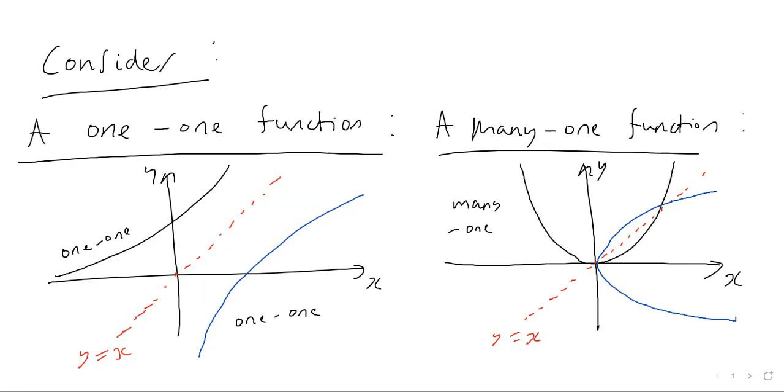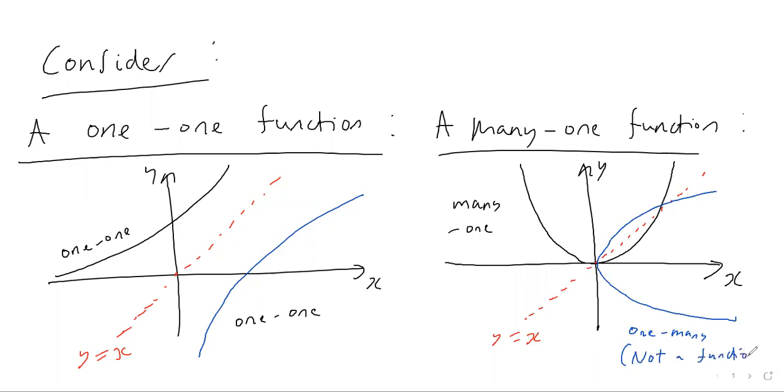It's not a function, because we've seen this before with the vertical line test: if we draw a straight line down a graph and it has more than one point of intersection, it's not a function. So this blue curve is not a function because it's a one-to-many mapping.